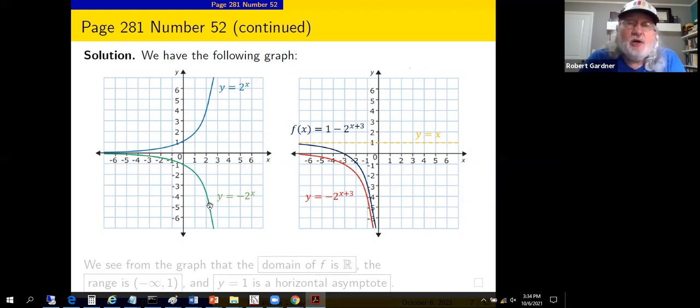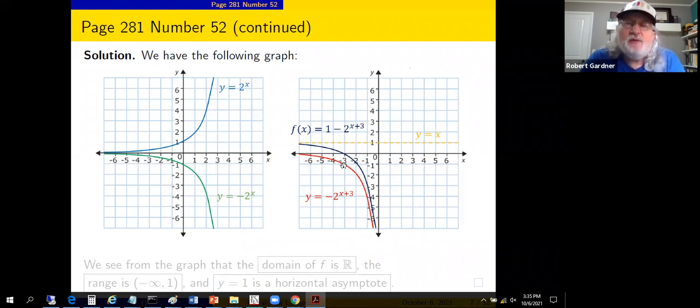So we'll take the green curve, move it 3 units to the left, and that will produce the red curve. Didn't label key points, but a key point would be 0, 1 right here. Flip it over, we get the point 0, -1. Shift it to the left 3 units. We should have -3, comma, -1.